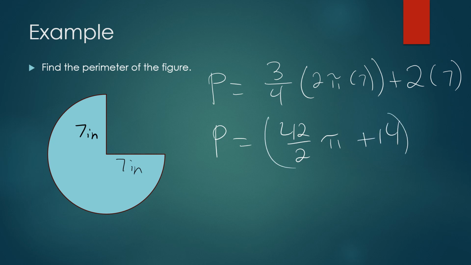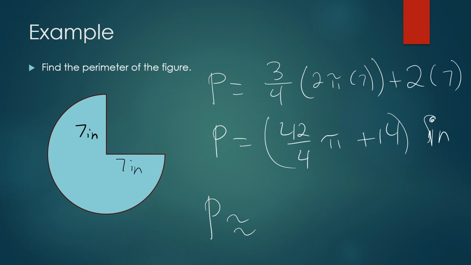Again, if I wanted an exact answer, this is in inches, and I'm done. But let's go ahead and approximate this answer. 42 should be divided by 4. My apologies. 42 divided by 4 is going to be 10.5 if I remember correctly.